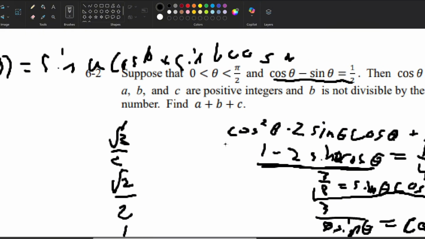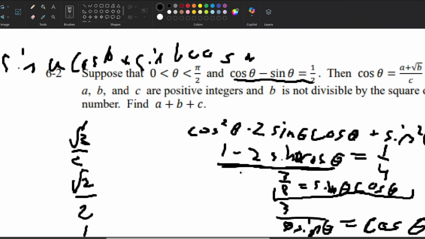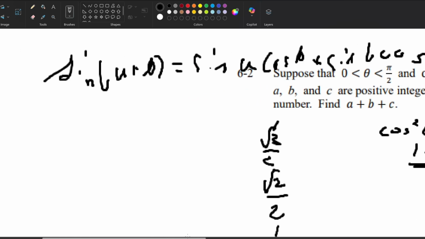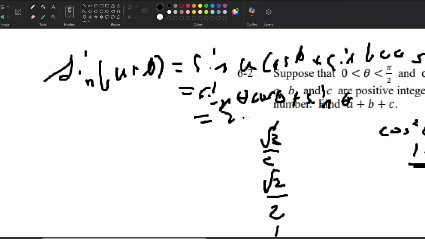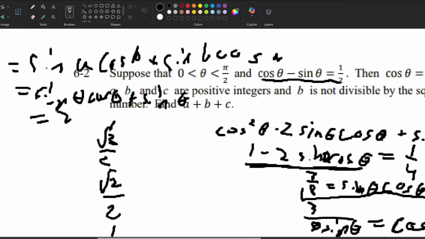No, because these are the same angle. Oh, that's it. If I put the same angle in here, it's equal to sine theta cosine theta plus sine theta cosine theta, so it's equal to 2 sine cosine. So that is the sine double angle identity.